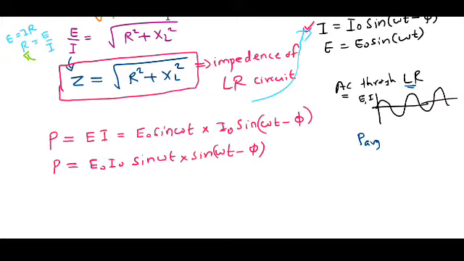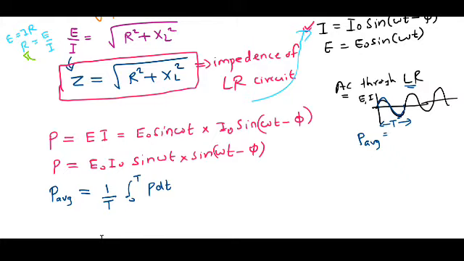The average power is the total power per unit cycle. Here, unit cycle means one cycle is completed for a time period T. Therefore, average power is defined as 1 by T into the integral from 0 to T, that is the total power dissipated in the cycle 0 to T, divided by T.